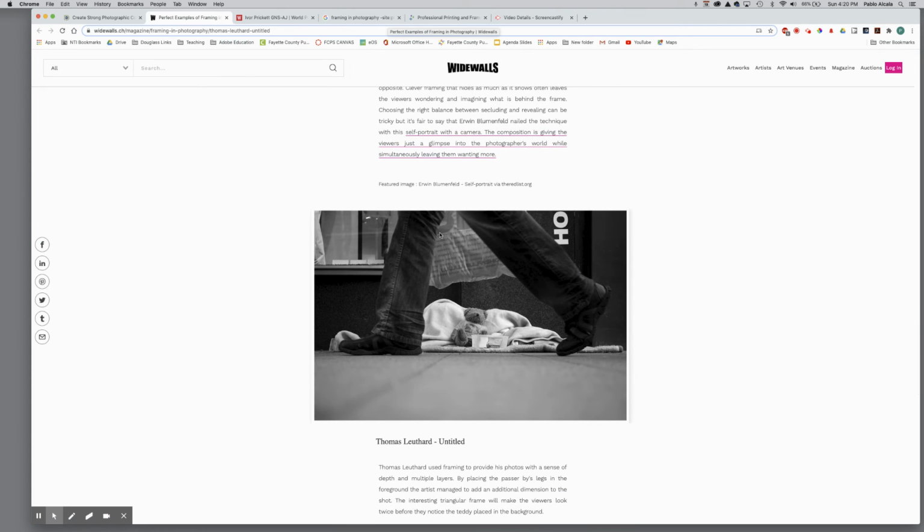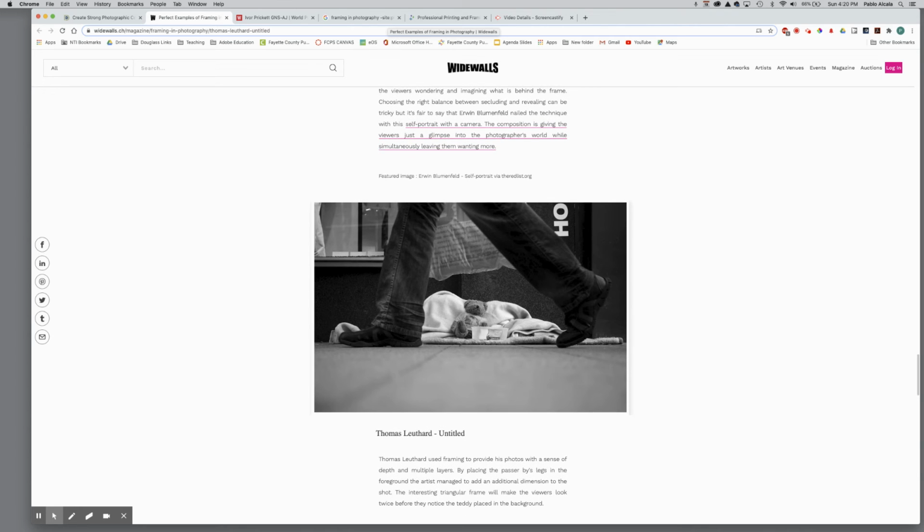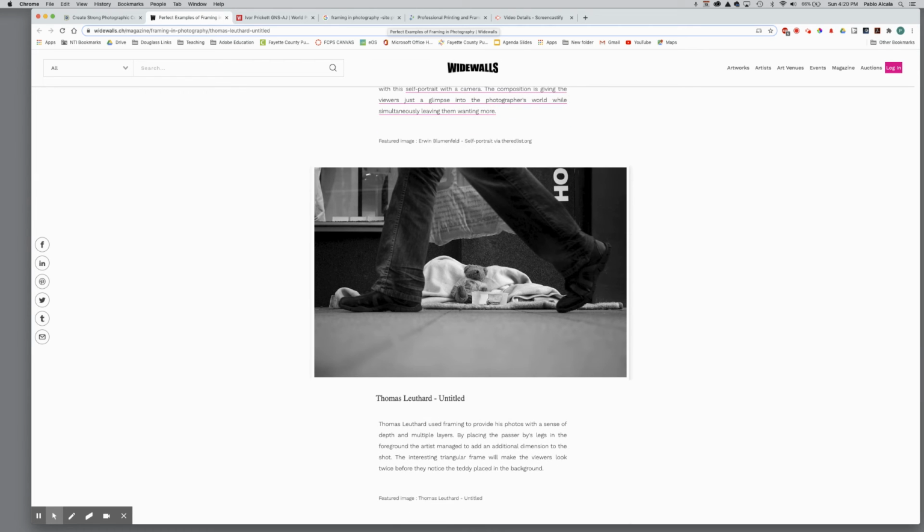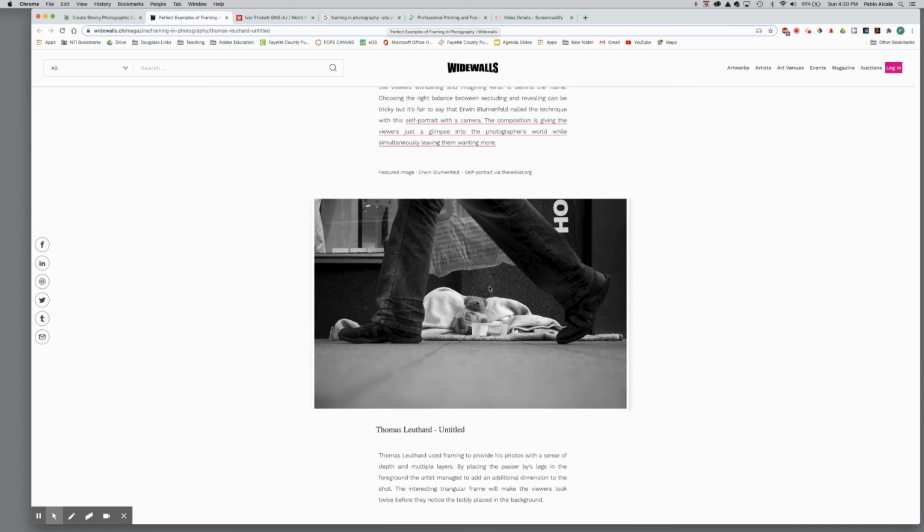Okay, someone walking by is making the frame, and it's a little powerful. What it appears to me is that this is where probably a homeless person has been staying on the street, and a person is just walking by.